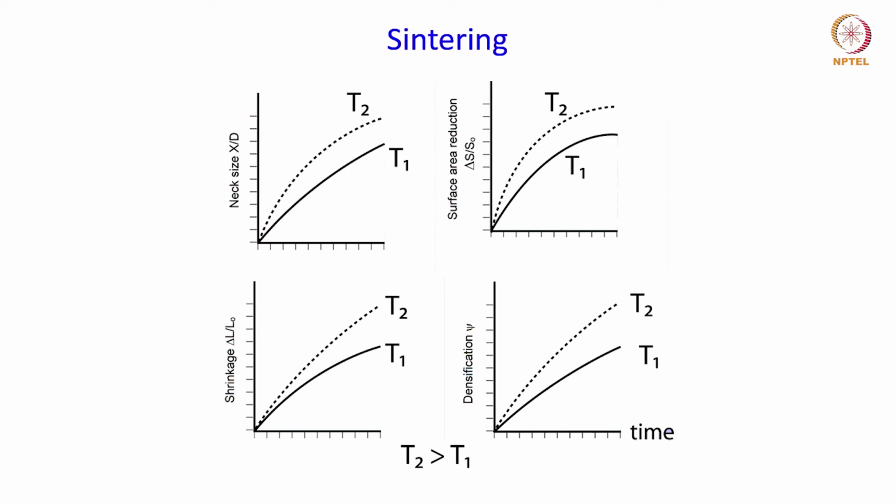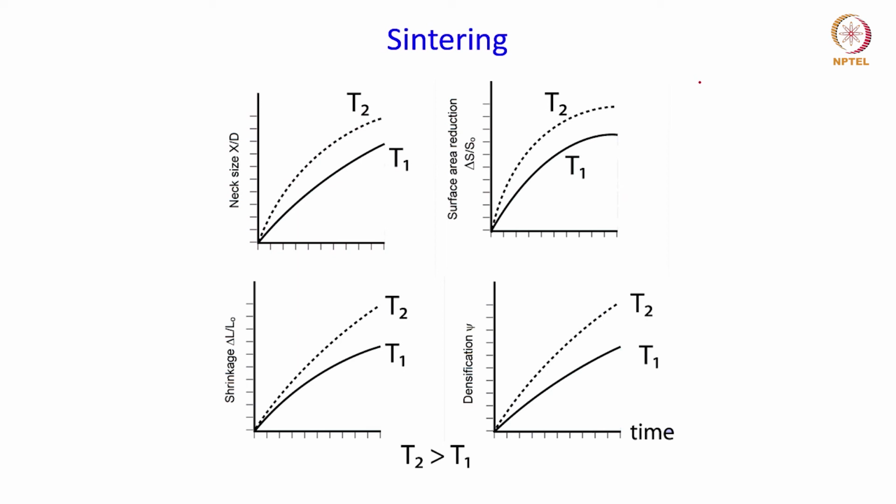For all these phenomena that lead to elimination of the pore, a higher temperature is needed, because the atomic diffusion that happens is a thermally activated process, and therefore for the densification to occur, the compact has to be heated to higher temperature. And through these plots, the effect of temperature can be seen.